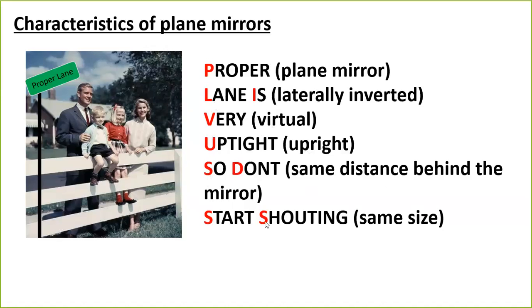And start shouting, same size, okay? All of those properties are very important, and you're going to have to remember them. So use this mnemonic to help you to keep them all locked in your memory, okay?